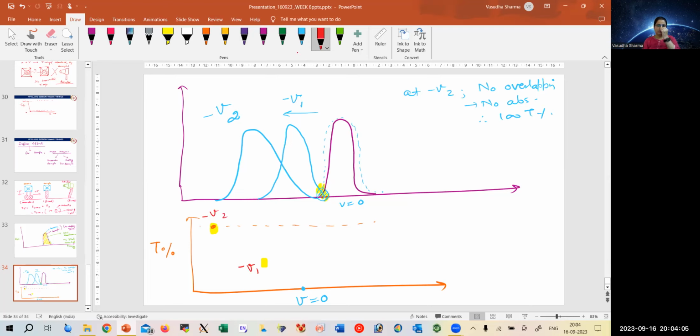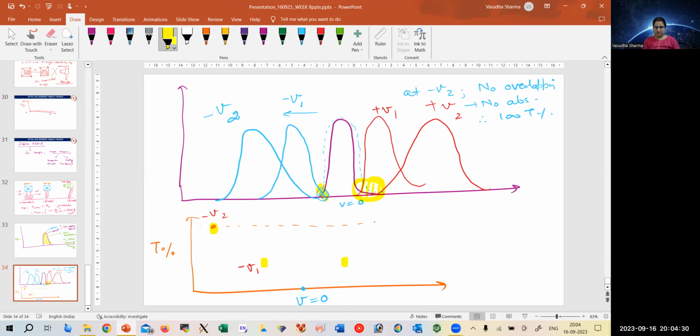Similarly, now I'm drawing with a different pen. If it is going towards the right direction, that's a plus V1, and here that's a plus V2. If you see at plus V1, it is having some overlapping.